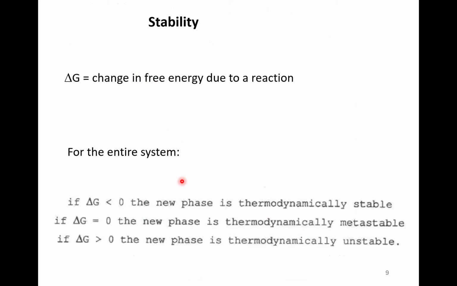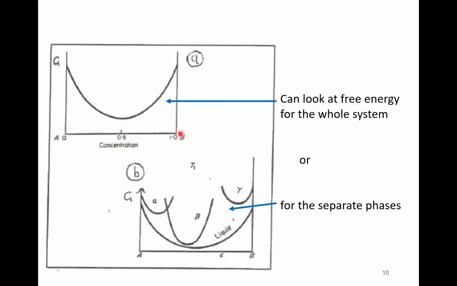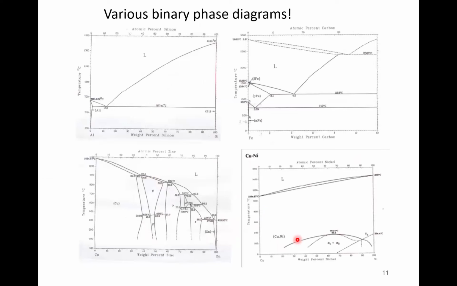If it's zero, the new phase is thermodynamically metastable, and if it's greater than zero, it's not stable, so it's unstable. You can either do that across the whole system, or you can look at this for separate phases. So here, because the liquid is lower, it's the most stable phase at that particular temperature.